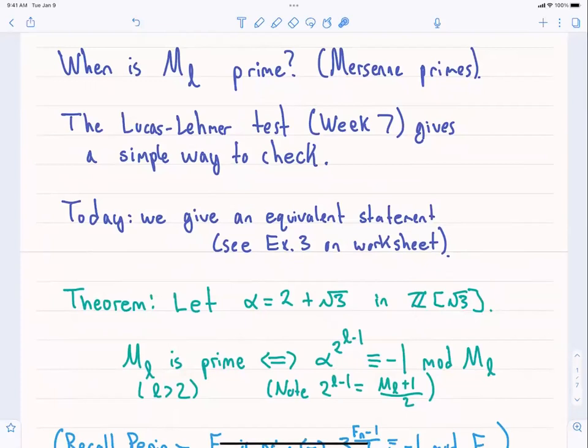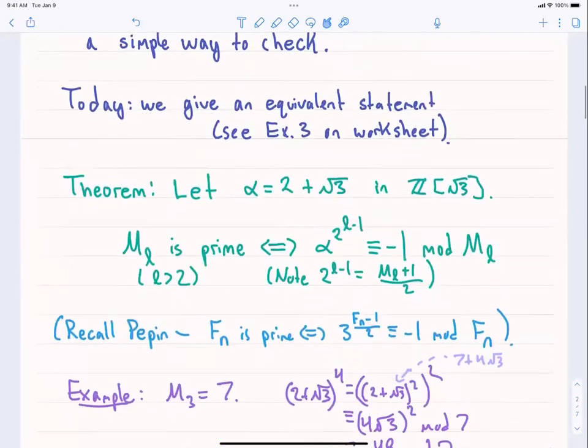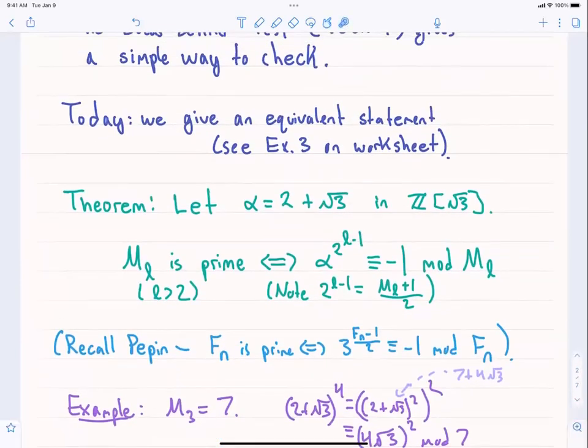So this is equivalent to the statement we gave of the Lucas-Lehmer test in week 7, and you'll see that when you look at exercise 3 on the worksheet. You can rewrite this using only integers, but it's useful to state it this way. In particular, you can see the relation with Pepin's test.